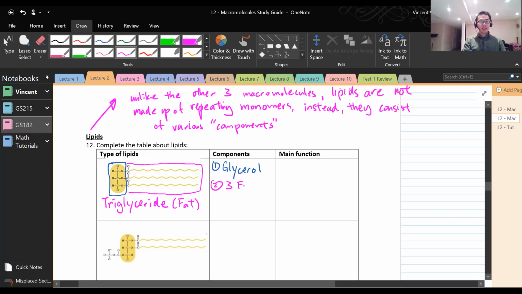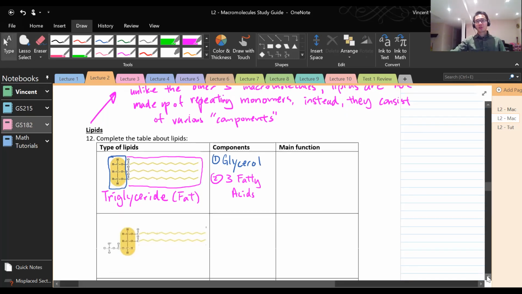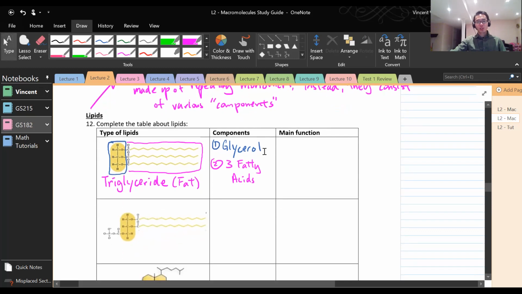So three fatty acids. Again, you don't have to know what they look like chemically, you just have to memorize them. So if asked to select all the components of a triglyceride, you would choose the glycerol and the fatty acids.